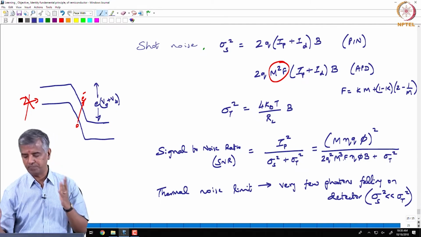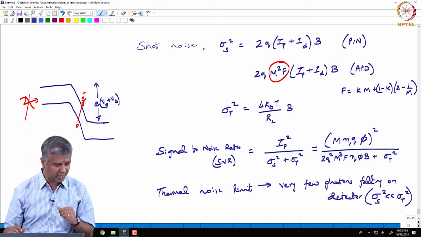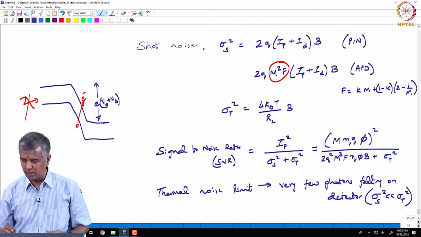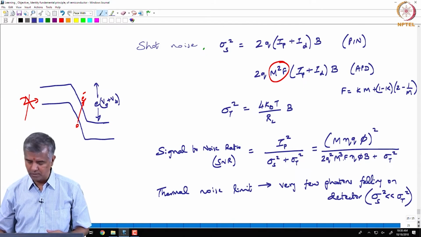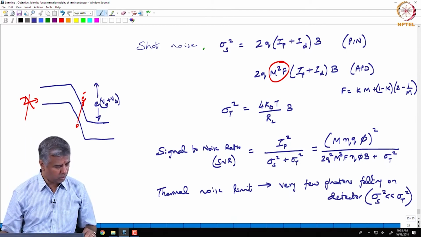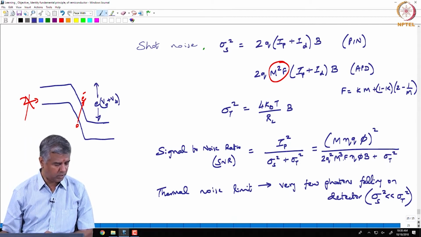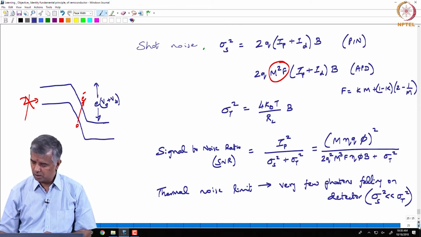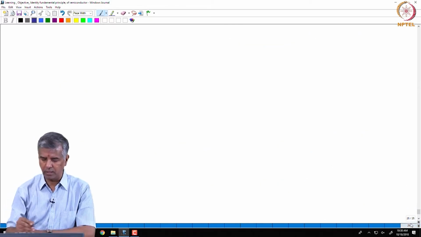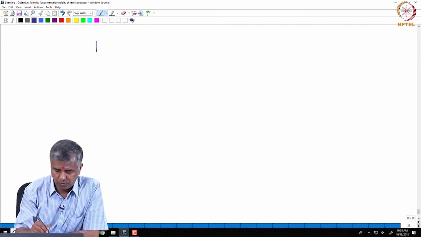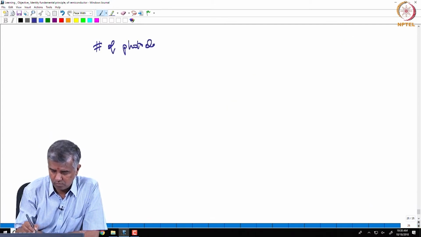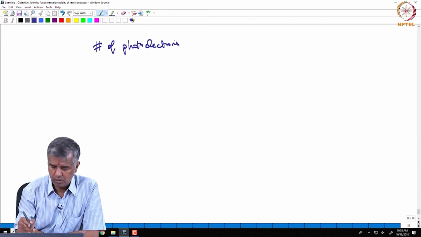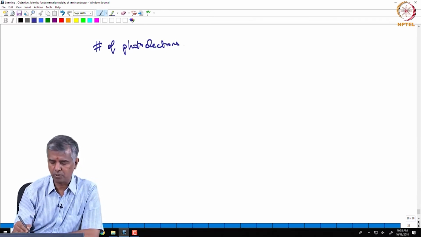Okay. So, let us actually try to put all of this together in some meaningful form. To do that, let us say you can count the number of photoelectrons. That is a mean number of photoelectrons.